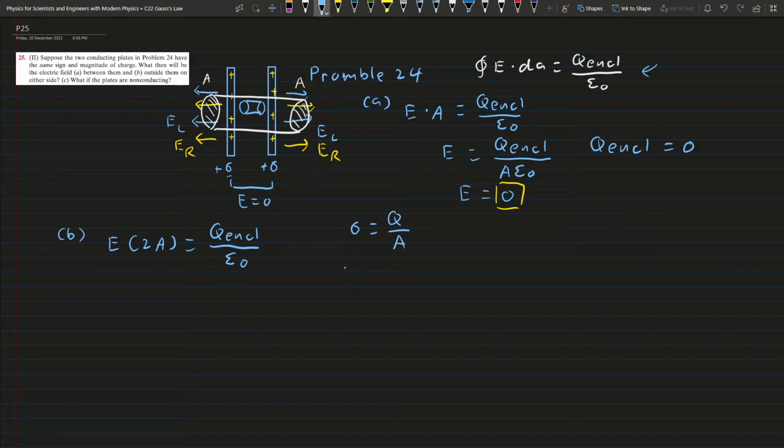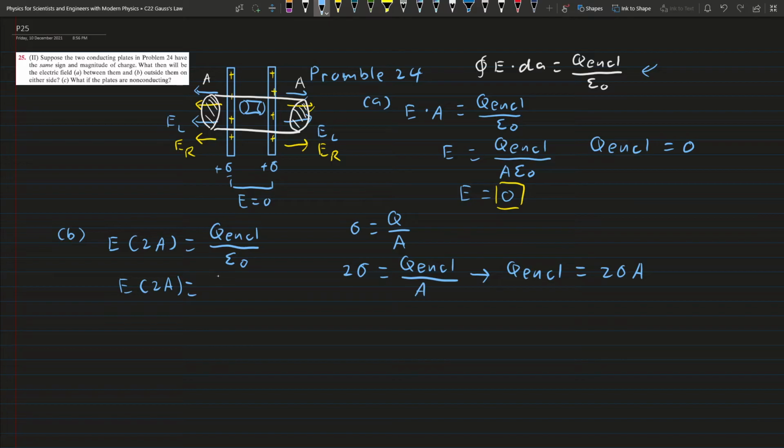So we can conclude that 2 sigma is equal to Q enclosed over A. So Q enclosed will equal 2 sigma A.